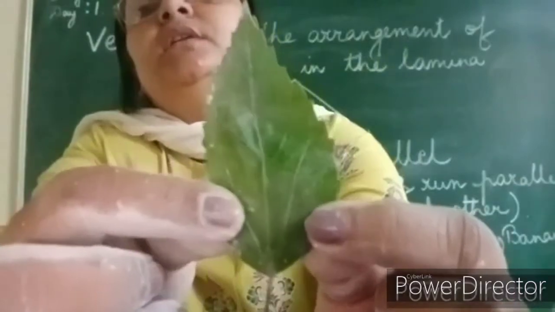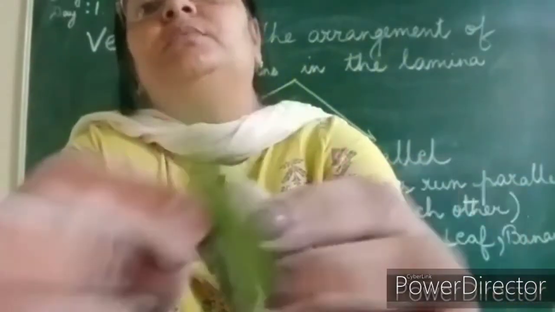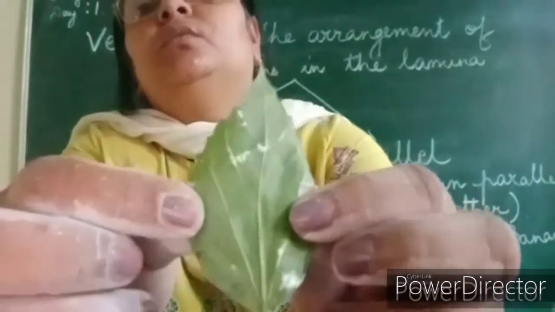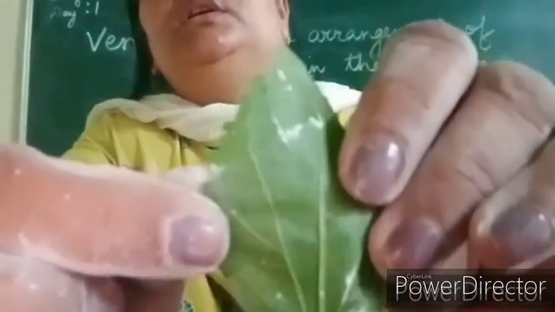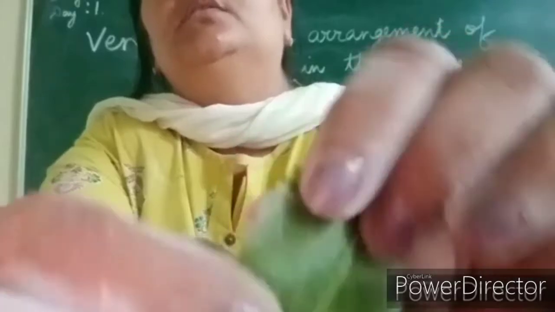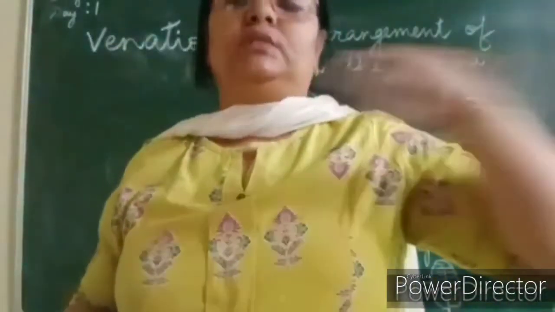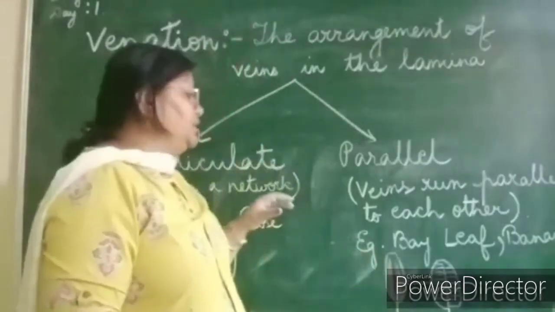You can see these are veins, and if we keep this leaf in your book for a longer time, then you will see the lamina, the green part, falling off and only the network of the veins will remain. You can do that in your free time. You can see the veinlets. In this way they form a network throughout the leaf, so it is called reticulate venation.